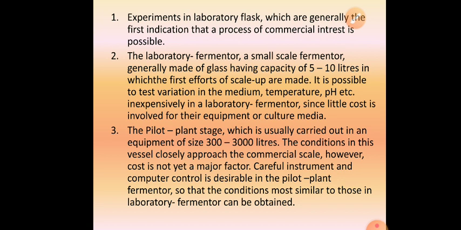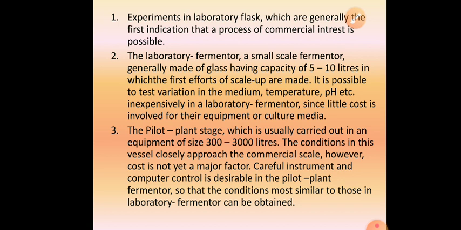But not an abrupt increase, a slow and gradual increase in the volume of the medium. So if you have an Erlenmeyer flask of say 250 to 500 ml, where you have studied whether the product formation is possible or not, and if you get good results, you transfer it to a 5 to 10 liter tank. That means you gradually go on increasing the volume of the medium.